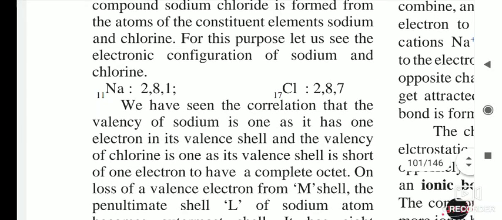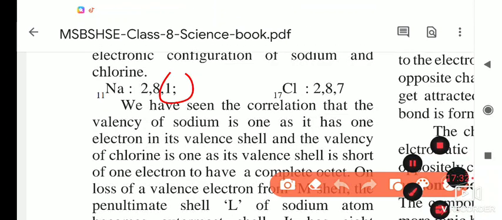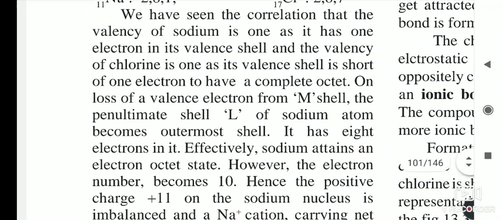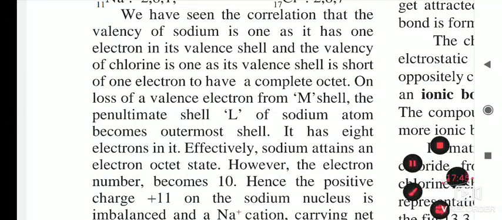So what happens after donating 1 electron? Earlier the outermost shell was the M shell. Now the L shell of the sodium atom becomes the outermost shell, and it has 8 electrons in it.